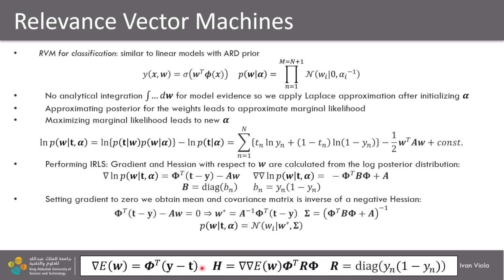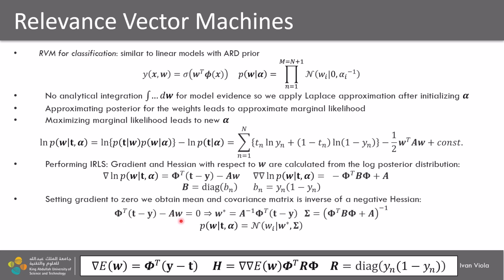More precisely, we will take the characteristics of this formula for the gradient, where the gradient is equal to 0, and from that it turns out, for the Laplace approximation, that our W star is equal to this formula here, coming from the formula for the gradient.